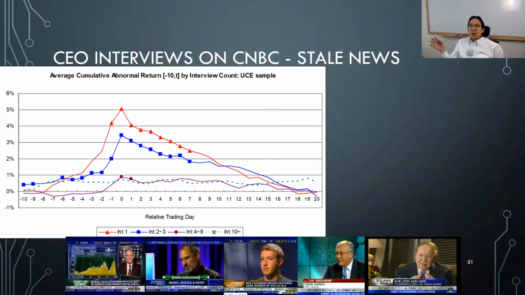The thing is, disclosure of new information has to be fairly disclosed. Regulation Fair Disclosure, we call it. So the companies' initial announcement has to be done through the SEC's EDGAR website. So in a CNBC television interview, the CEOs will be saying something about stale information, stale news, right? Old news, right? So should the investors respond to this kind of old news?